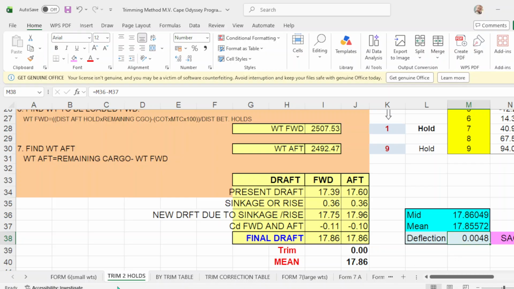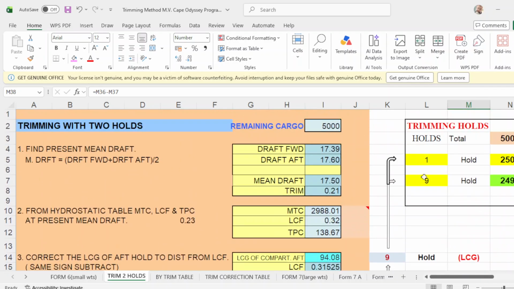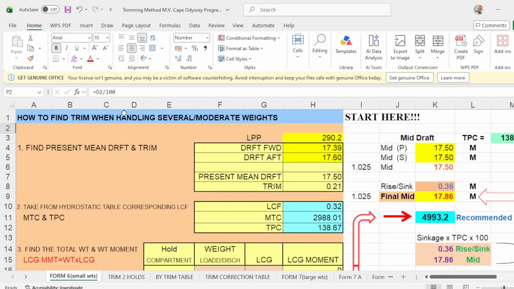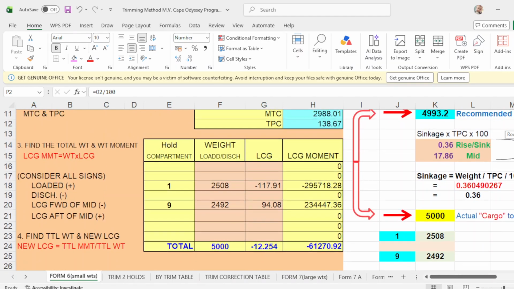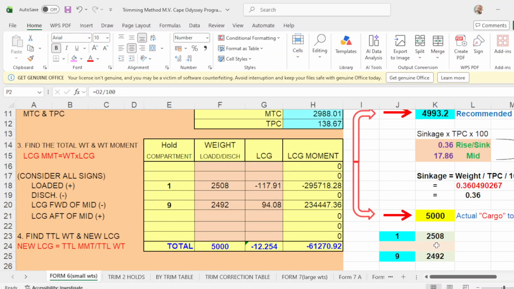Then we go back to form number 6. Take note of the cargo for 1 and 9, which are 2,508 and 2,492. You go to form number 6, which is this one. Then scroll down. Then you will see number 1 is 2,508 and 9 is 2,492, which is the same here. Then apply it to your program.